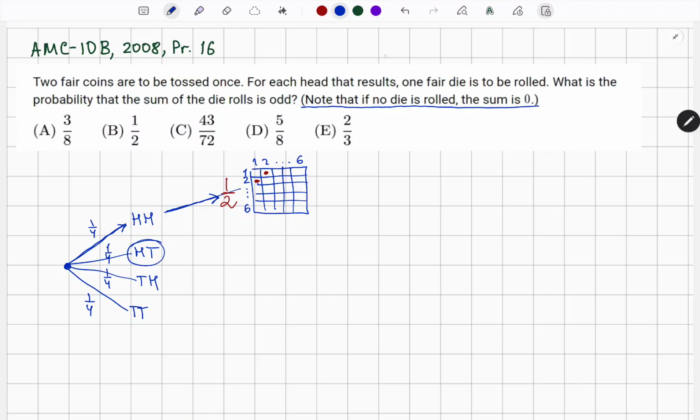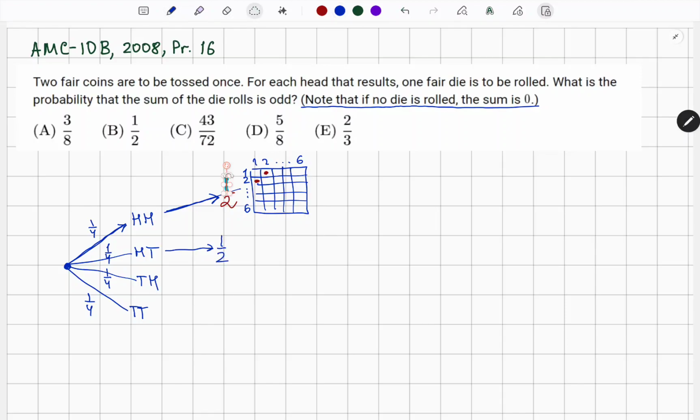If you had head and tail on the 2 fair coins, then it's only 1 head and you have to roll the die only once. If you roll the die only once, the probability of getting an odd number is 1/2 again.